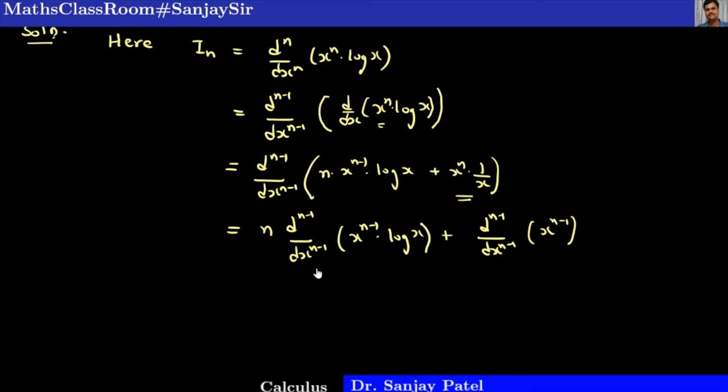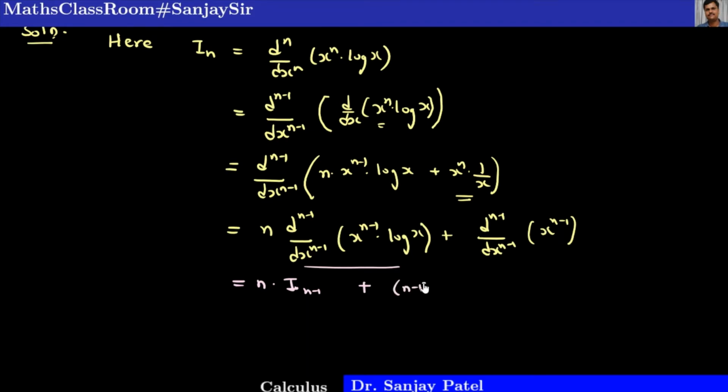So this term I can replace using In minus 1. This derivative I can write as In minus 1 plus, now x raised to n minus 1 is a polynomial of degree n minus 1, and its n minus 1th derivative is constant, which is given by n minus 1 factorial.